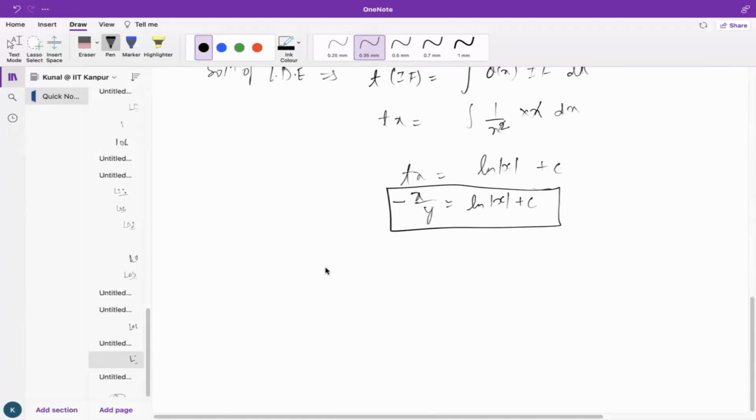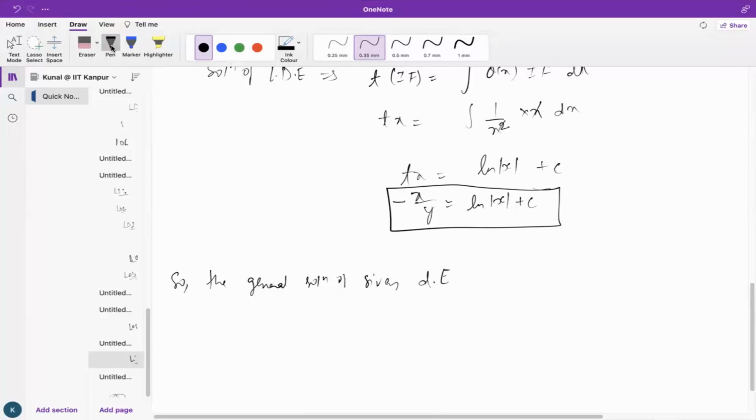So actually you have to write it here. So let me write it here. The given differential equation is not a linear differential equation. We actually convert the given differential equation into an LDE, right?